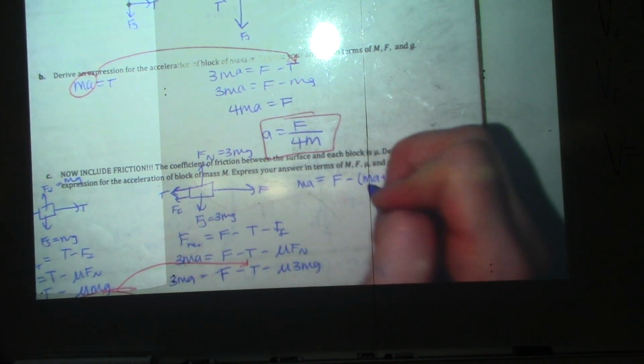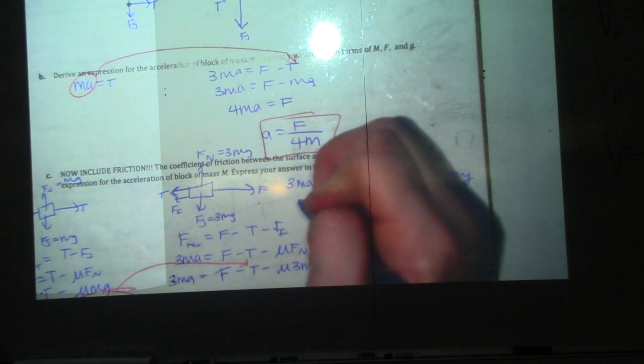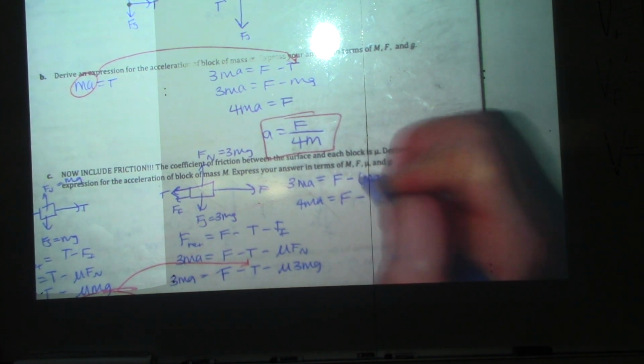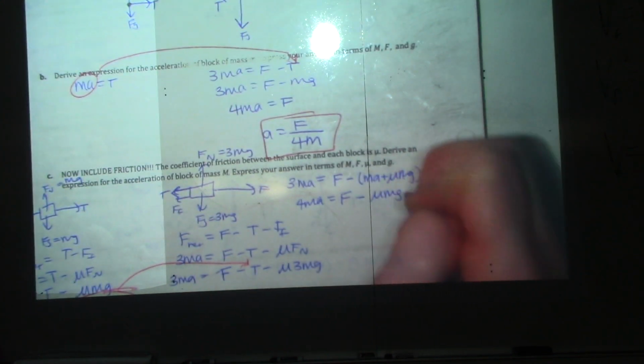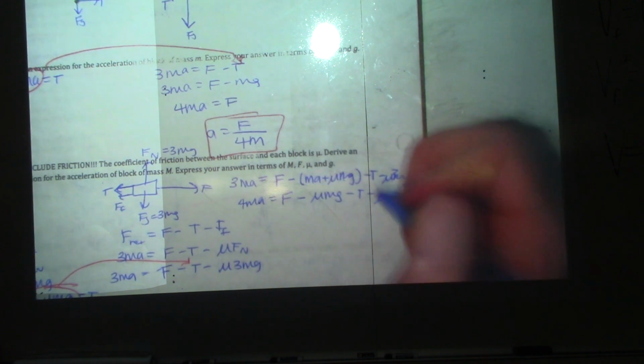So I'm going to get my 3ma, sorry. I'm going to add this ma over, which is 4ma. F minus, make sure you distribute this negative to the mu mg, minus mu 3 mg, that's a 3 in there. And then mu mg and mu 3 mg, well, those are the same, it's just this one has a coefficient of 3. Not tension anymore, oh my god. I just substituted in for the tension.